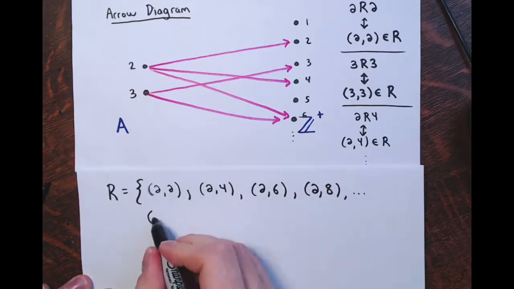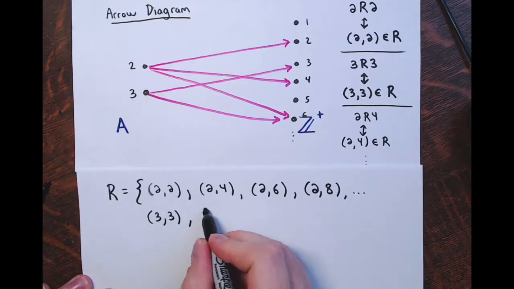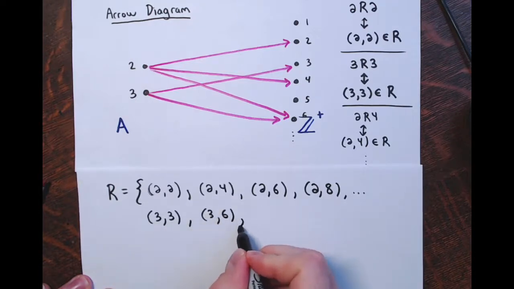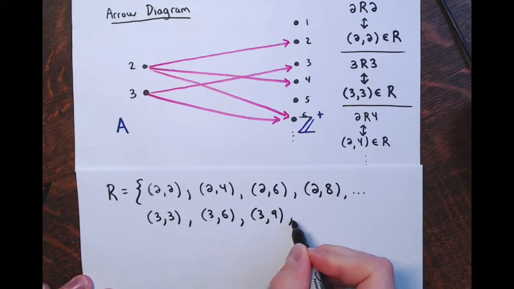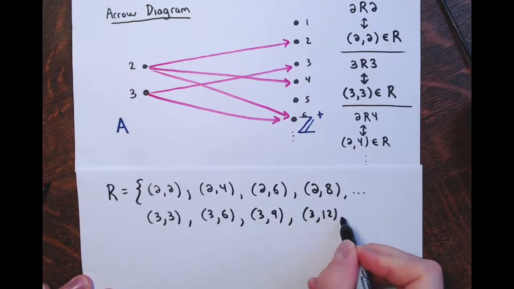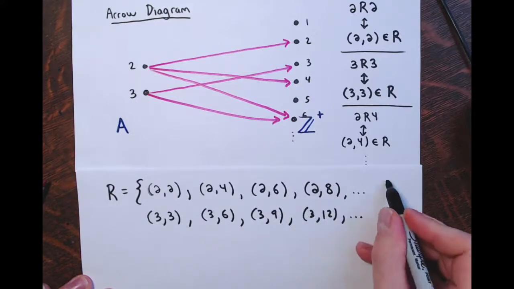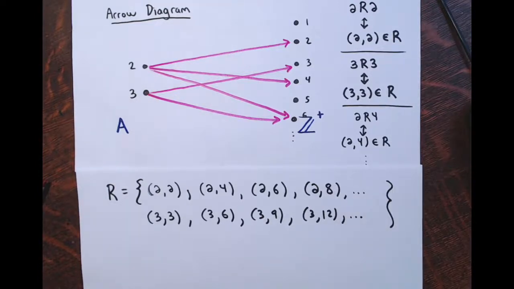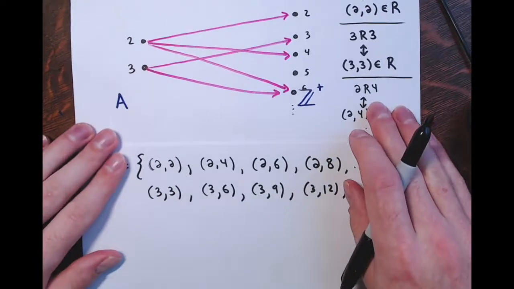Also (3, 3), (3, 6), (3, 9), (3, 12), dot, dot, dot. It's got all these ordered pairs, infinitely many. And if I wanted to, I could also try making a matrix. That's another way to write this.